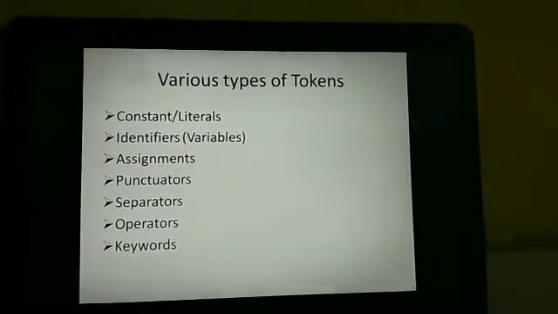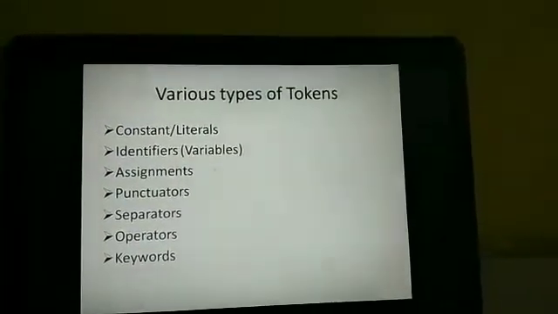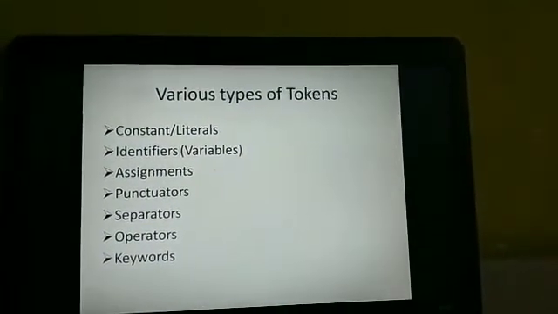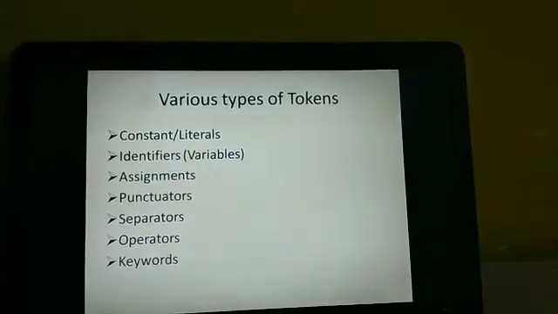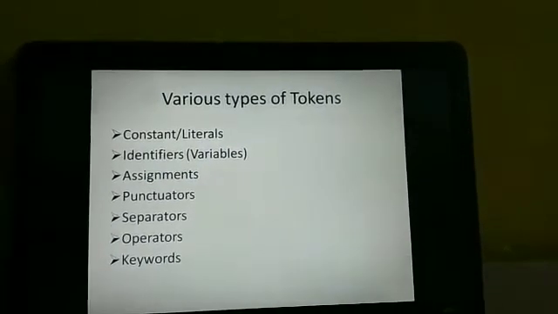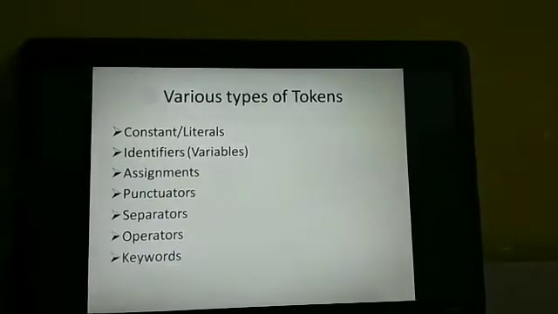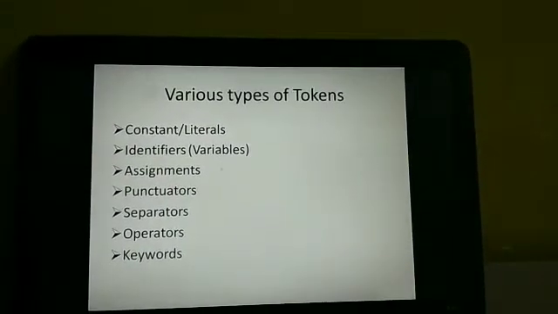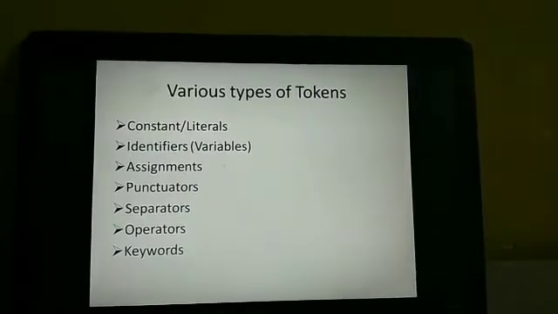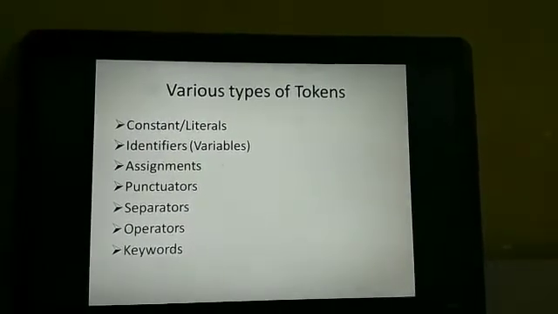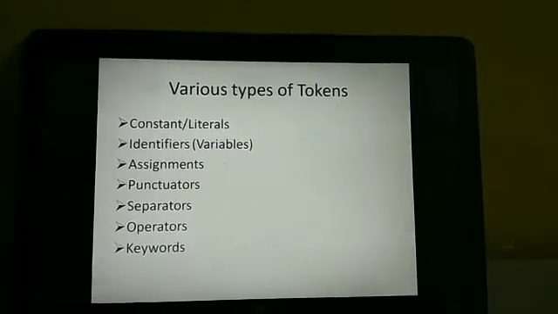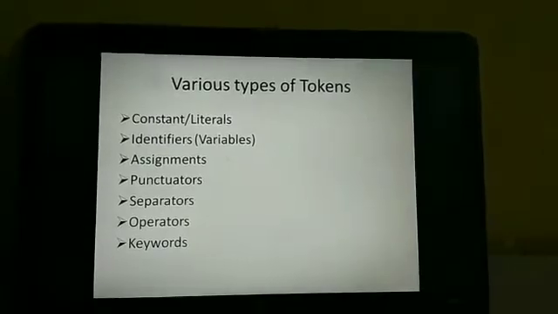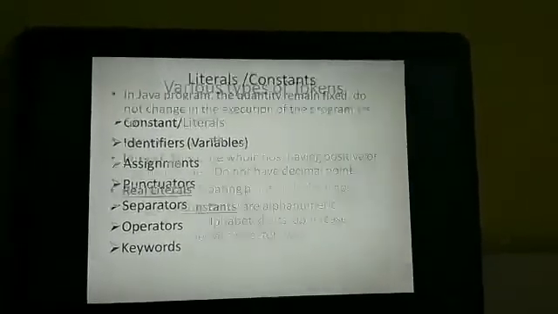Various types of tokens are constants, also called literals, identifiers, also called variables, assignments, punctuators, separators, operators, and keywords.